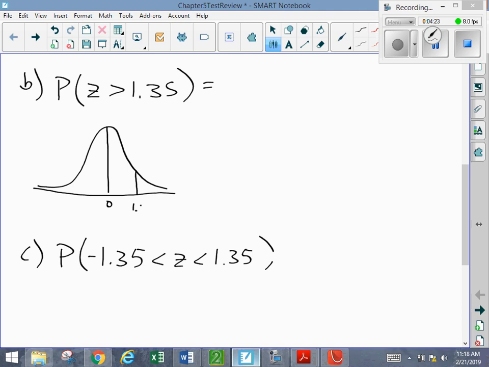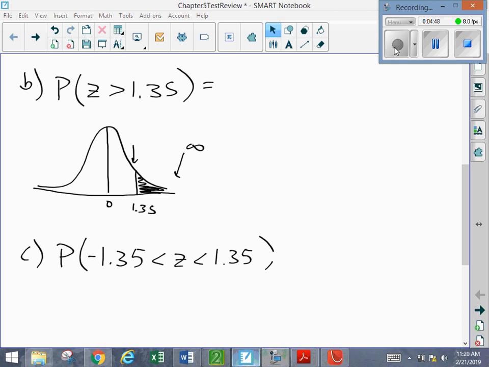Remember we said 1.35 is here, and everything greater is over yonder. So that means my upper bound is infinity, but we'll use 10 to the 99th power. My lower bound is right here at 1.35. Let's go ahead and put it into our handy-dandy calculator.